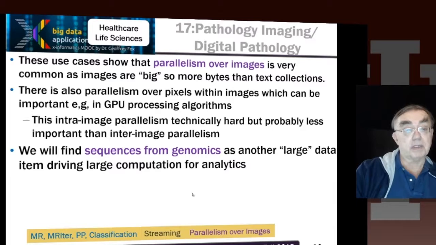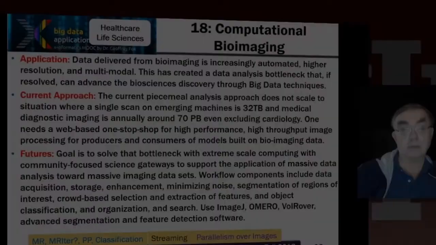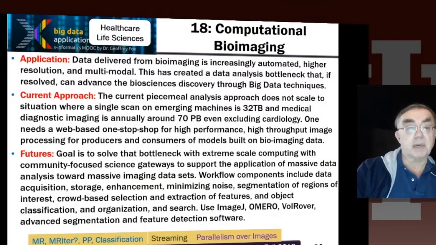Another example of a non-text thing, which will come later on in this group of use cases, is genomics, where we get sequences which also can produce huge amounts of data, much larger than typical text data sets. So this concept about imaging being important, especially for the life sciences, is quantified here, and it points out that imagery is not only gotten from instruments like MRI, it's also gotten, as we'll see later on, from light sources.